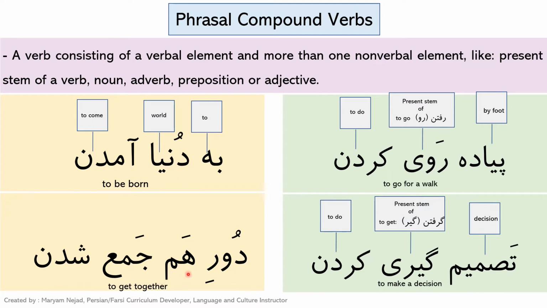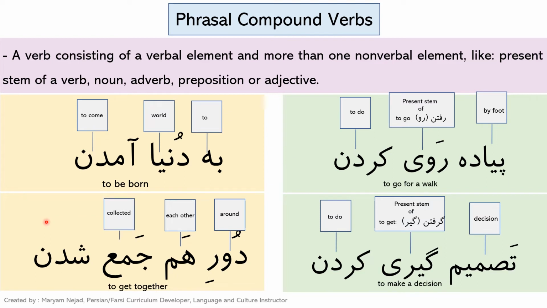Let's take a look at another one here. So دور هم جمع شدن. So one verbal element, and then actually three non-verbal elements. So دور means around, it's a preposition. هم means each other, it's an adverb.